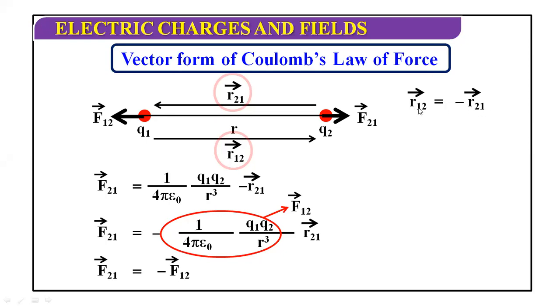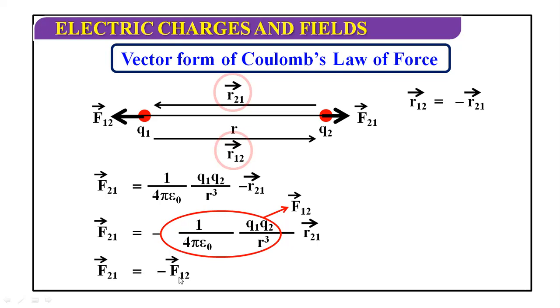R12 is the position vector from charge 1 to 2, and R21 is the position vector from charge 2 to 1. Because these two position vectors are in opposite directions, R12 was equal to minus R21. So from this we got F21 is equal to minus F12.